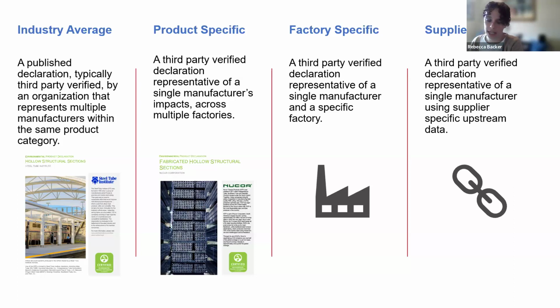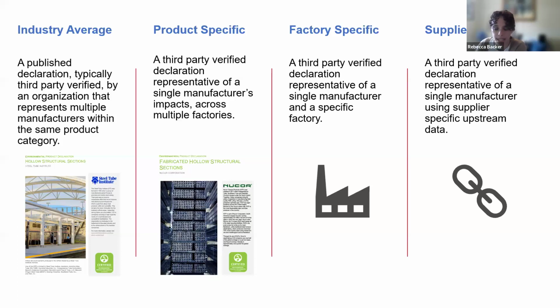Within the Type 3 EPD category, there are 4 further subsets of EPDs that you can have: an industry-wide EPD, a product-specific EPD, a factory-specific EPD, and a supplier-specific EPD.